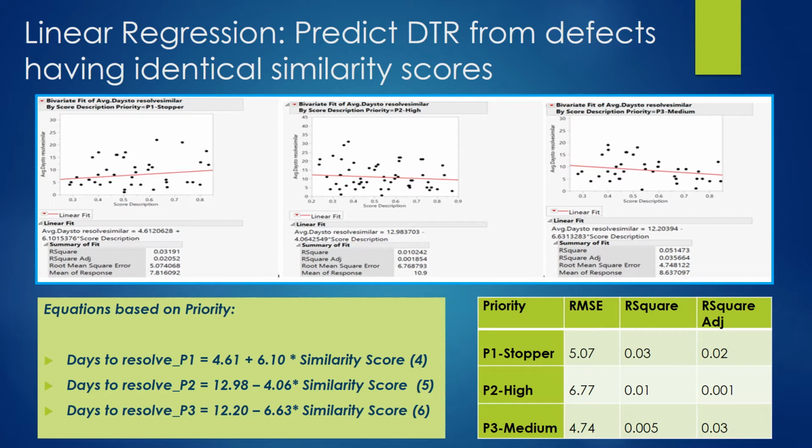Here also we observe results similar to the previous approach. Positive correlation is seen for the highest priority or P1 stopper defects and negative correlation is seen for P2 high and P3 medium defects. We see a reduction in the RMSE values for P2 and P3 defects compared to our previous approach, indicating this approach results in more accurate predictions.